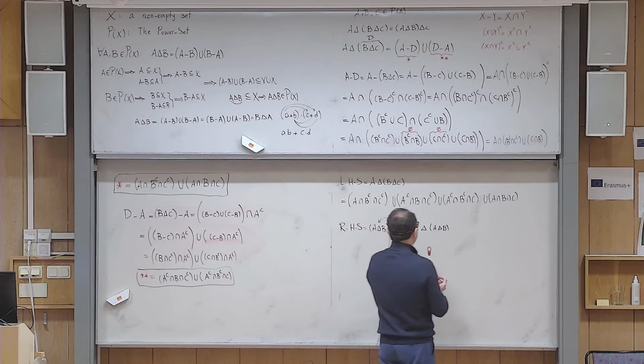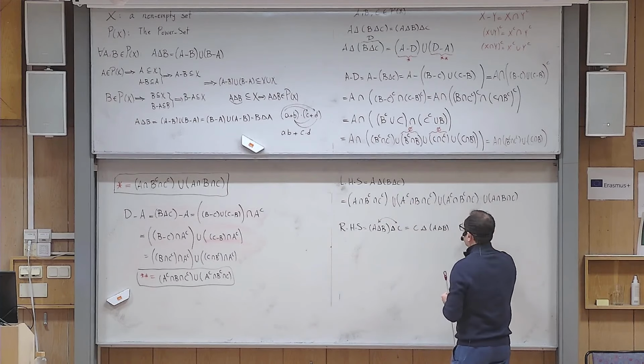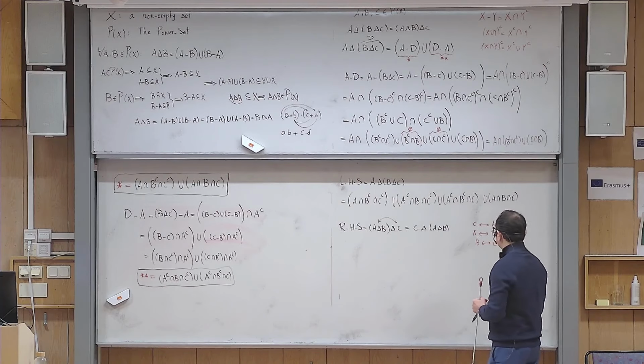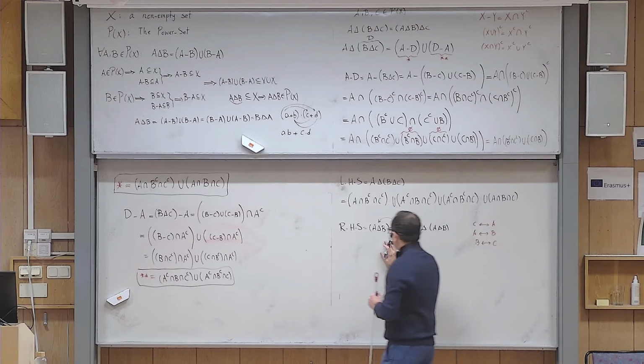Which changes? So every C here should be replaced by A. Every A here should be replaced by B. And every B here should be replaced by C. Okay, so let us do that.